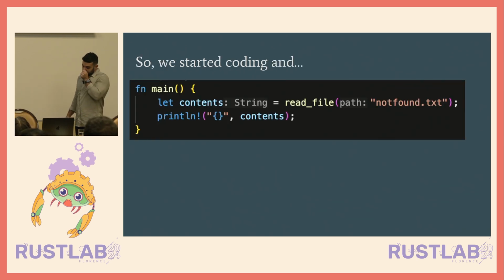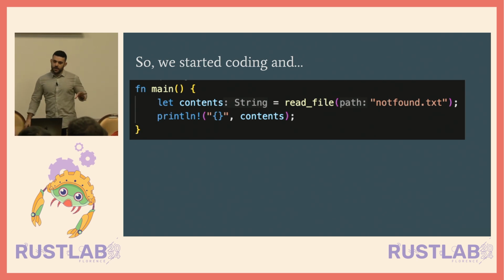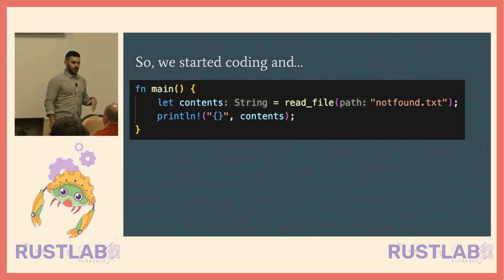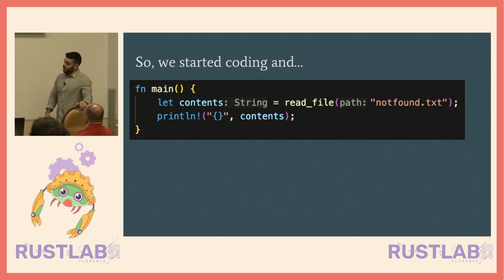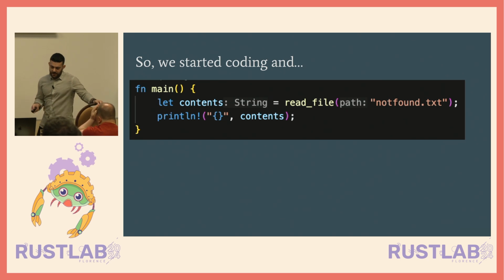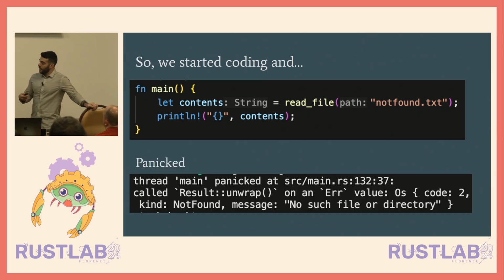So we started coding. In this talk, I'm going to take a very simple example and improve it as we go. We have a simple read file function that tries to read a file and prints the contents of the file. We started writing code very similar to this one, and we got panicked very quickly.